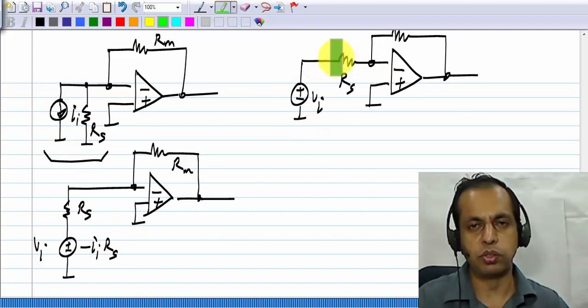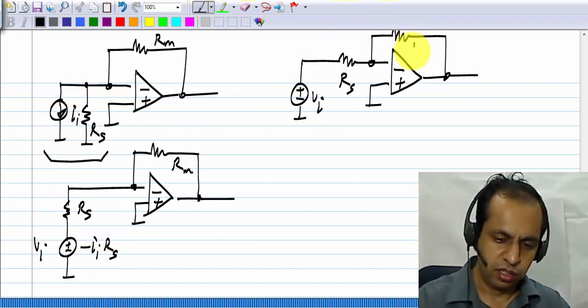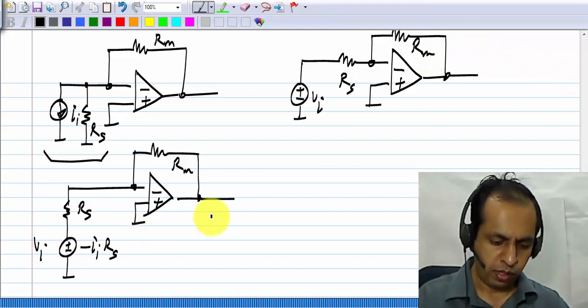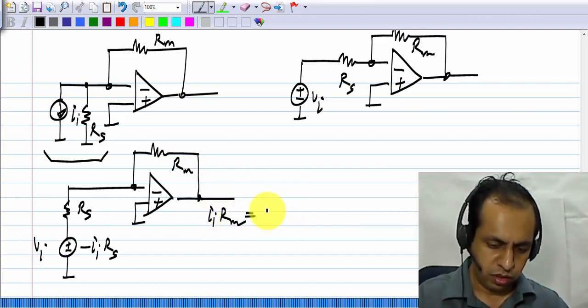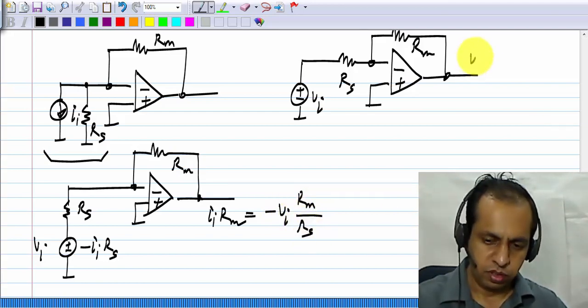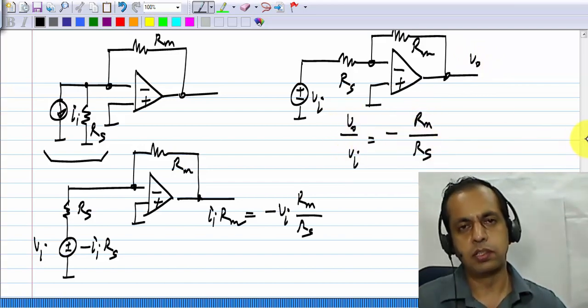We have some voltage source and we have some resistance here in series, and we have some resistance Rm over there. Okay, the output voltage here is Ii times Rm, which can also be written as minus Vi Rm by Rs. Okay, so if this is V0, V0 by Vi will be minus Rm by Rs.